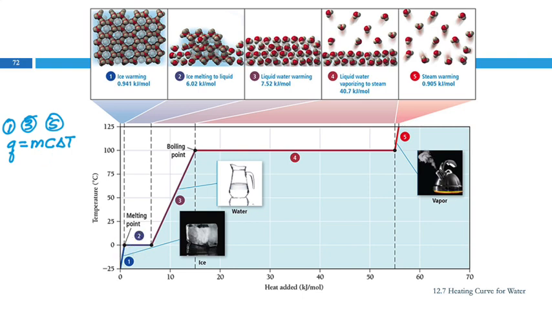For line segment 2, you're going to use the heat of fusion. There's no temperature change, so mc delta T is not going to work. And for line segment 4, we're going to use the heat of vaporization. So you calculate for each of those and then you add them together.